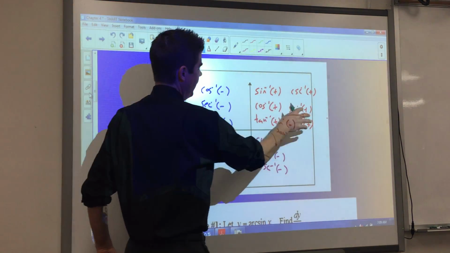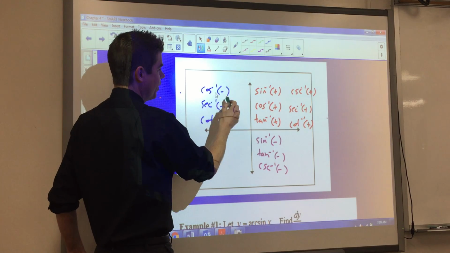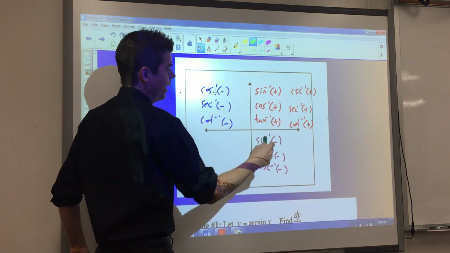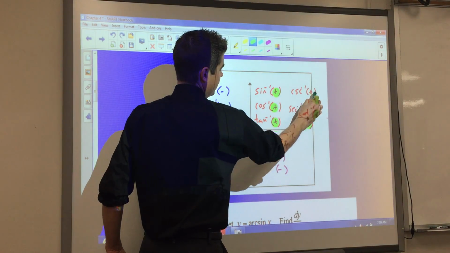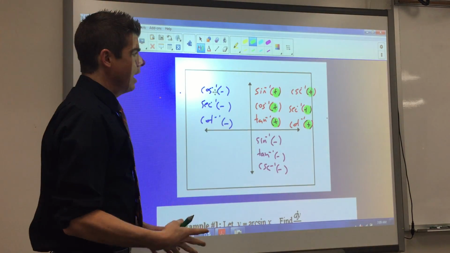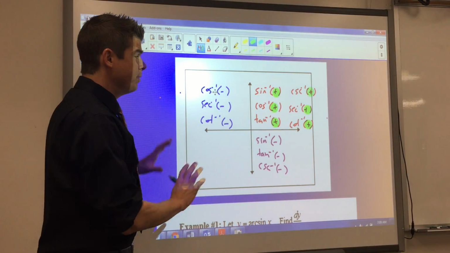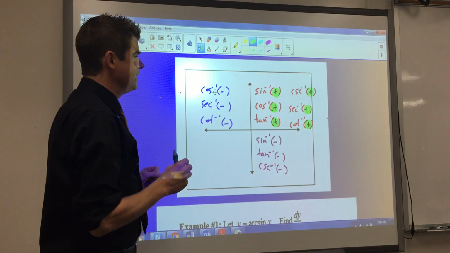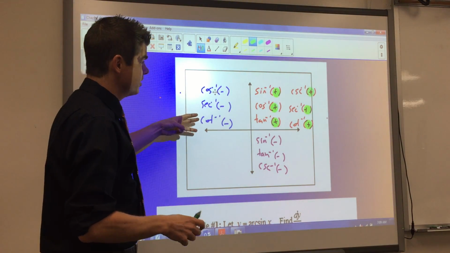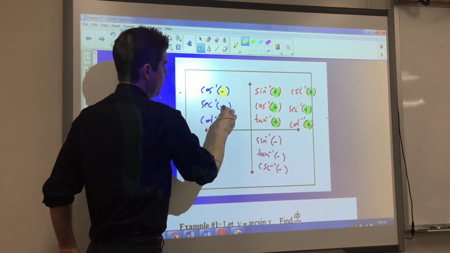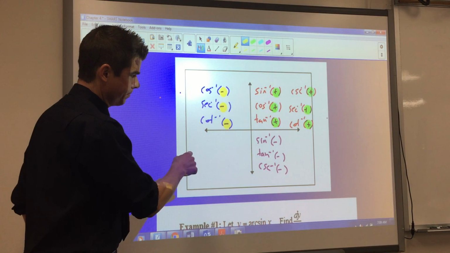And so what I have here is basically sort of like a map, if you will, of where the functions live. And everything that's positive, so if you have a positive ratio, it's easy, they all live in quadrant 1. Everything will be defined between 0 and pi over 2. But then we split. If your ratio is negative, and you are either cosine, secant, or cotangent, those negative angles, in terms of a ratio I should say, will live in quadrant 2.